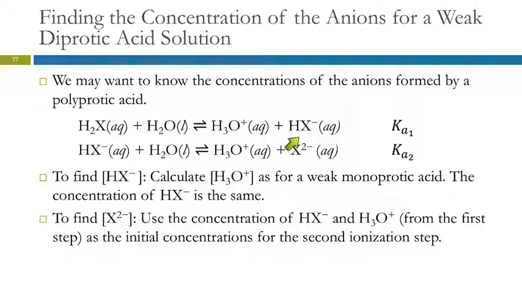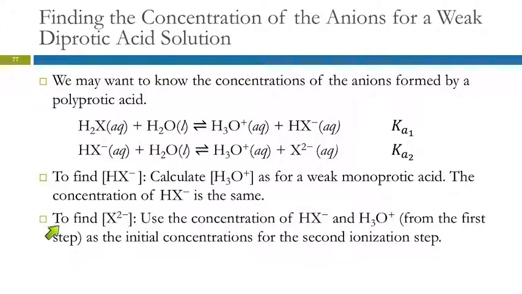So if we want to know what the middle one is, where we've lost one of the protons, you're going to calculate the hydronium ion concentration just like we did for a weak monoprotic acid. And the HX minus concentration is the same, because for every hydrogen or hydronium ion you get, you're going to get one of these. And as before, the second ionization, x ends up being small, and so it doesn't change the HX minus concentration.